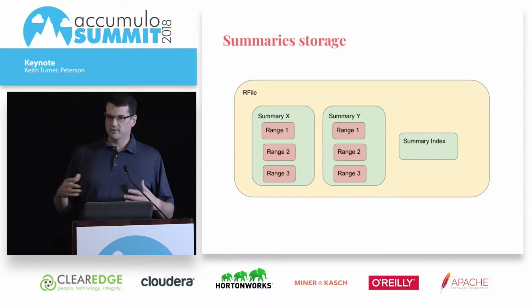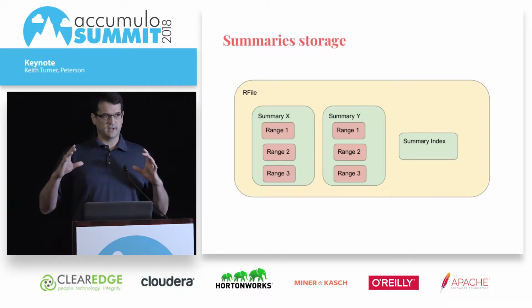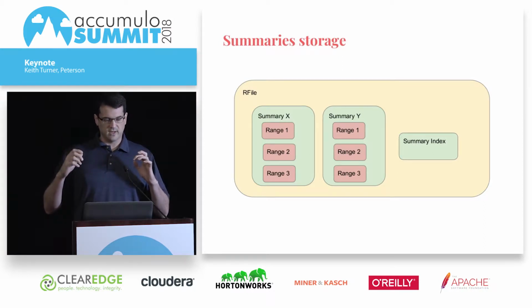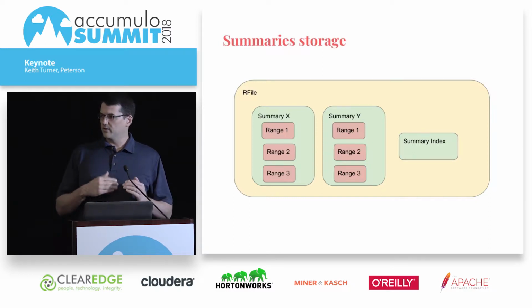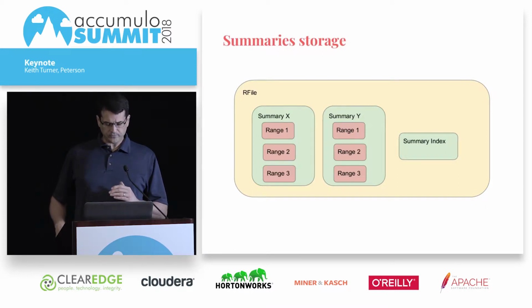And the way that works is as the data is being written to an R file, it'll take the first like 1,000 key values, summarize them. And then it'll take the next 1,000 key values, summarize them. And it remembers the last row for that summary. And it does that up to like 10.